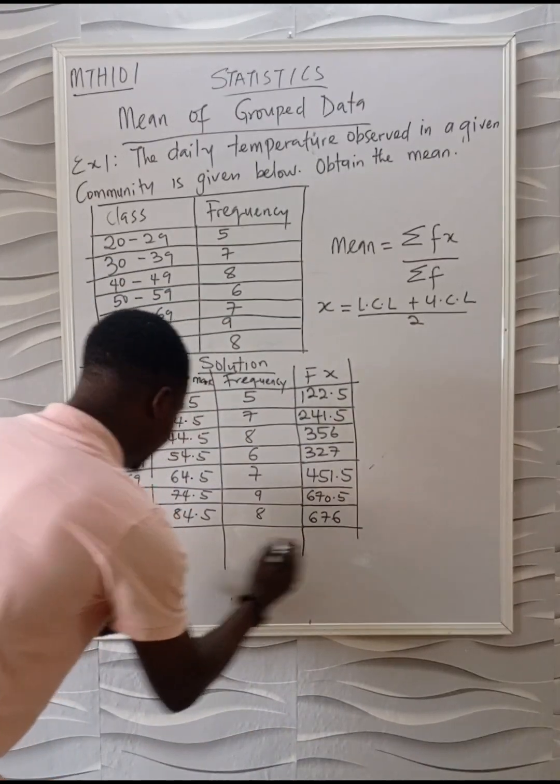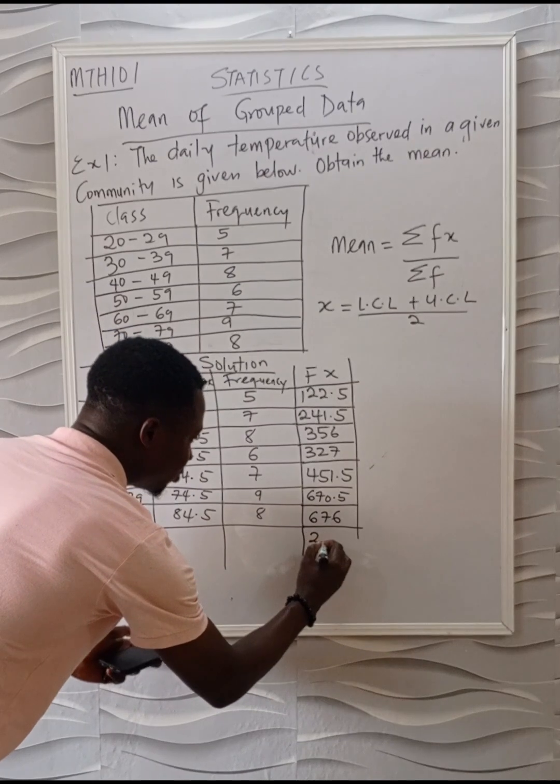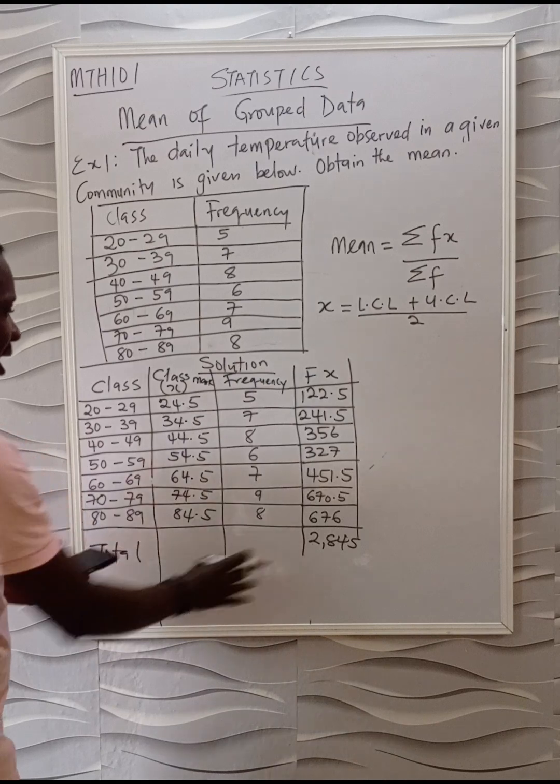So we have a total, you can write total here, of 2,845.